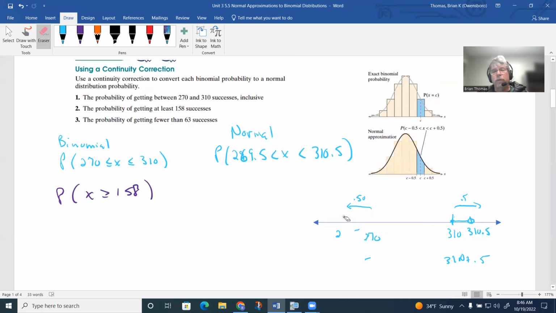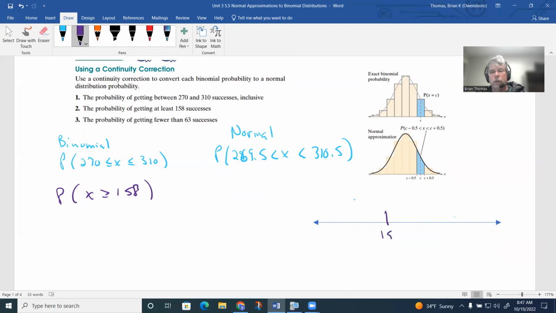So again, it's probably easier if we model this on our number line instead of trying to do all this in our heads. So to create this normal probability, what I'm going to do is put the 158 on the number line. And at least means you have to be 158 or larger.